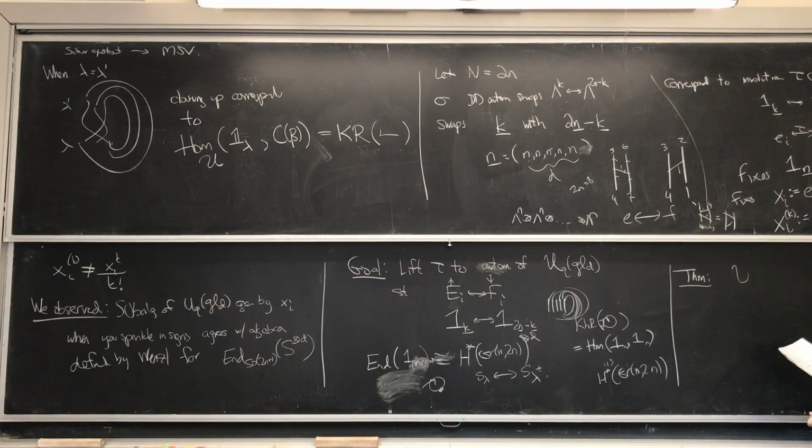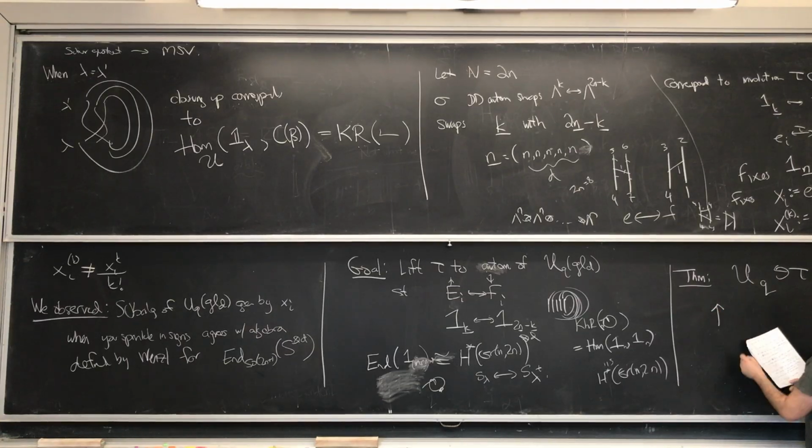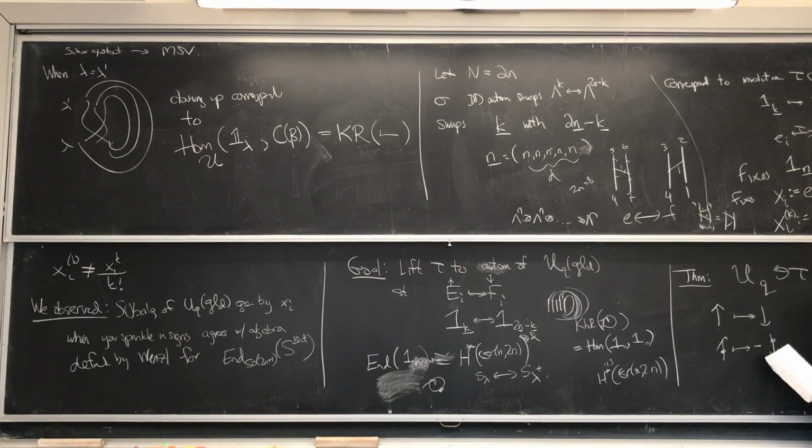So we're changing some sort of orientation. But I claim that there's an automorphism. It sends the up arrow to the down arrow. It sends the up dot to minus the down dot.